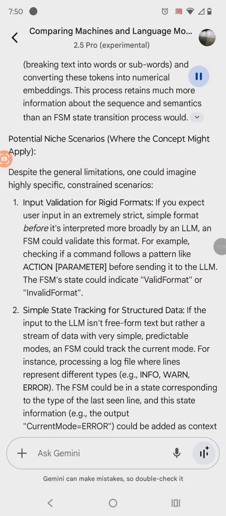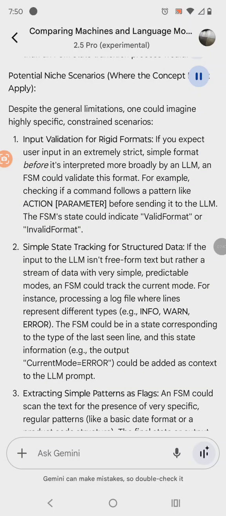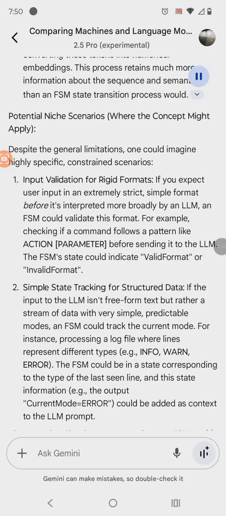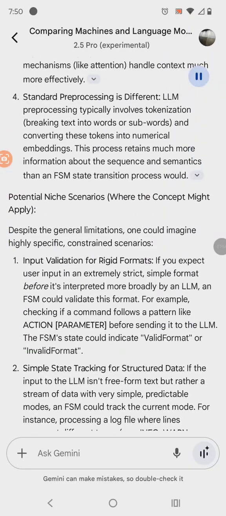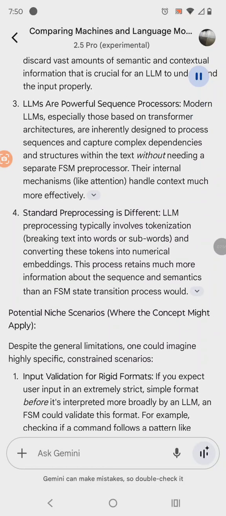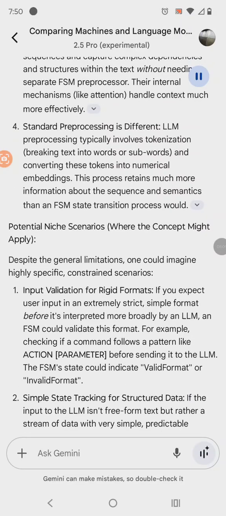An FSM processes input symbol by symbol and transitions between states, representing a rich text input solely by the final state or sequence of states of an FSM would discard vast amounts of semantic and contextual information that is crucial for an LLM to understand the input properly. 3. LLMs are powerful sequence processors. Modern LLMs, especially those based on transformer architectures, are inherently designed to process sequences and capture complex dependencies and structures within the text without needing a separate FSM preprocessor.